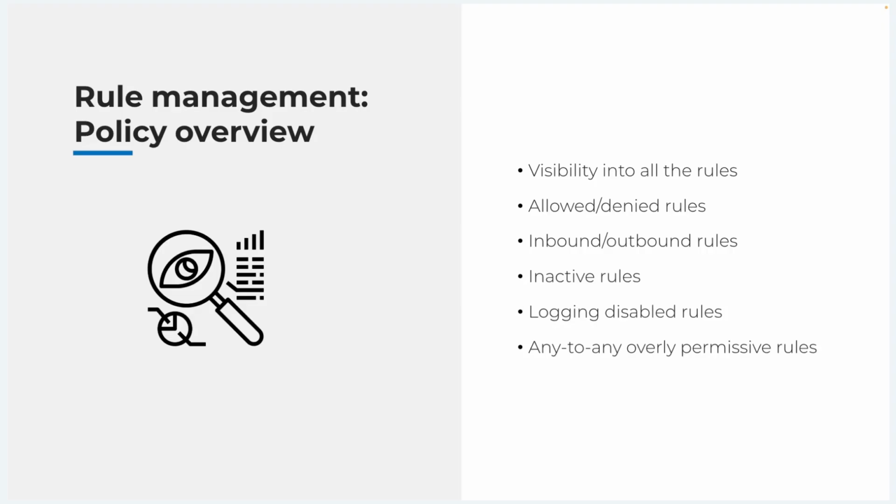You can filter these rules according to allowed or denied rules, inbound or outbound rules, inactive rules, logging disabled rules, and also any-to-any overly permissive rules. Besides viewing them, you can also download them and analyze the list of rules. Hence, with this feature, Jim can get clear visibility into the existing ruleset present on all of his firewalls.